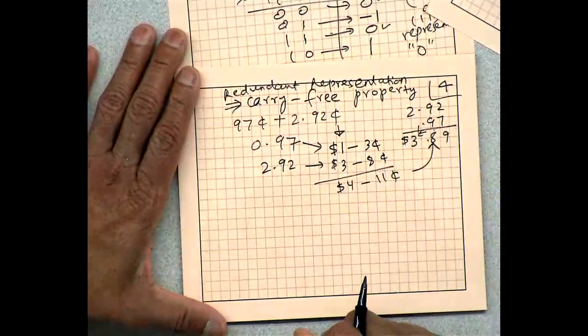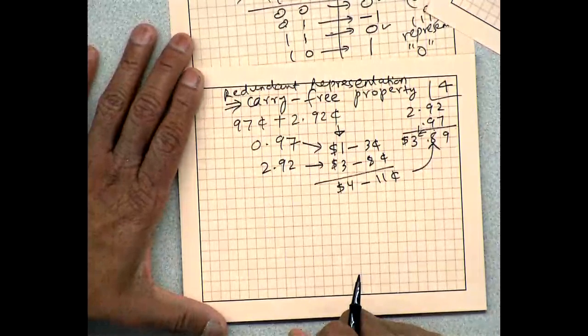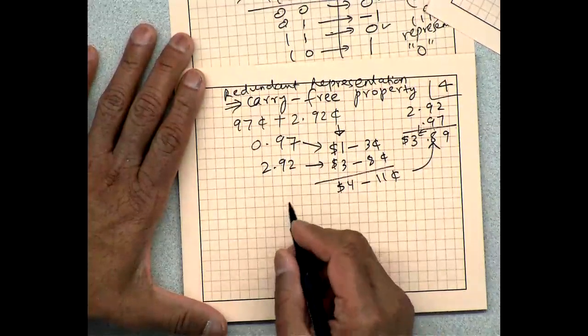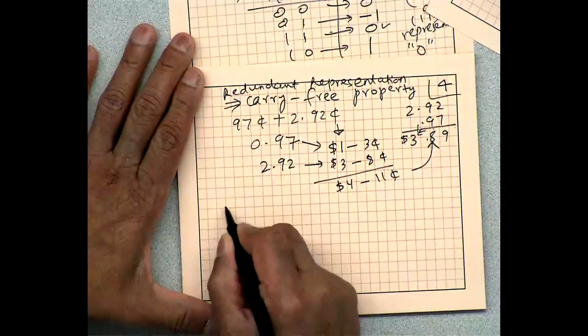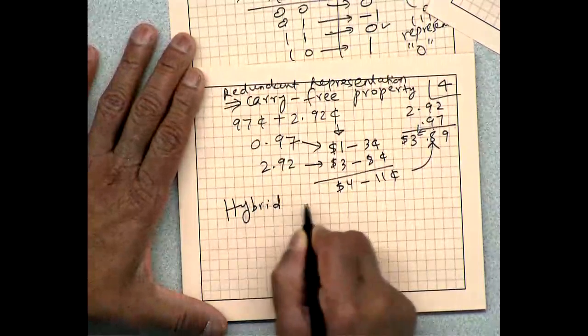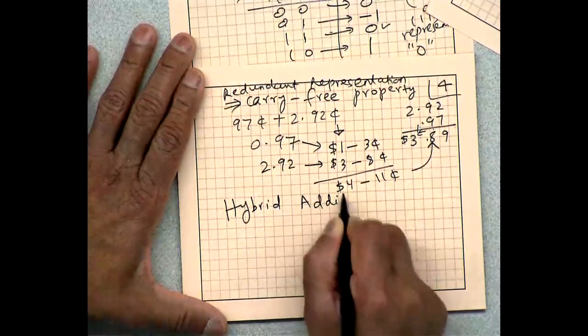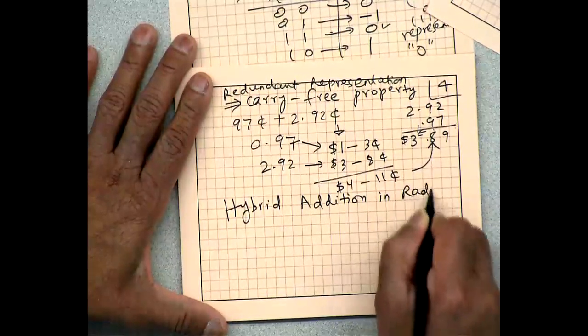Let me talk about something called a hybrid. So let's start with hybrid addition in radix 2. Okay, hybrid. Why do I call that hybrid?